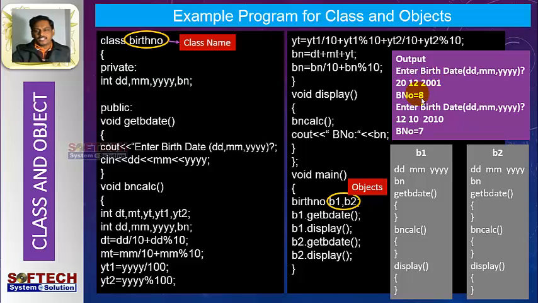So it yields 8. The birth number is 8. If it is a 2 digit number, again we add the individual digits, then it will come to a single digit. That will be the birth number of that birth date.